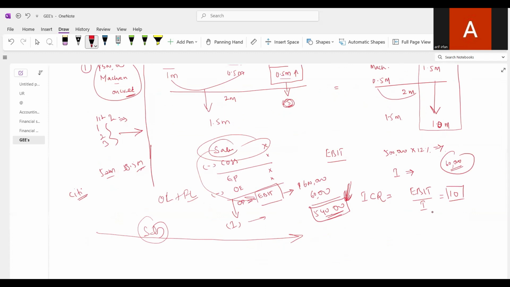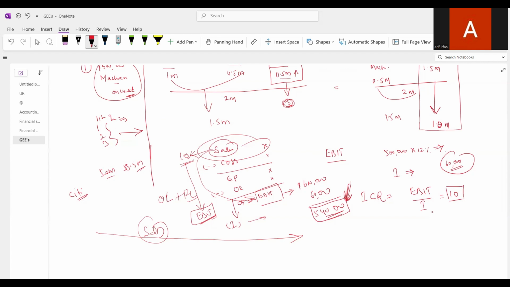If sales are going down by 10%, I will analyze how it is affecting the EBIT. If I am a clever banker, I will check the financial leverage, operating leverage.